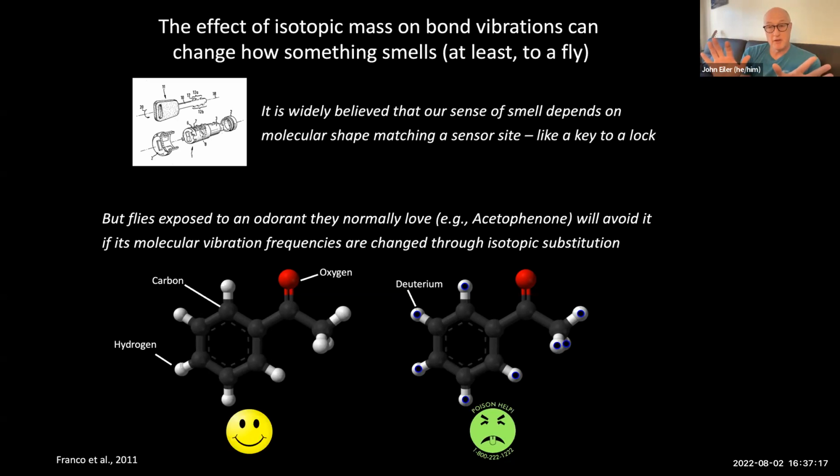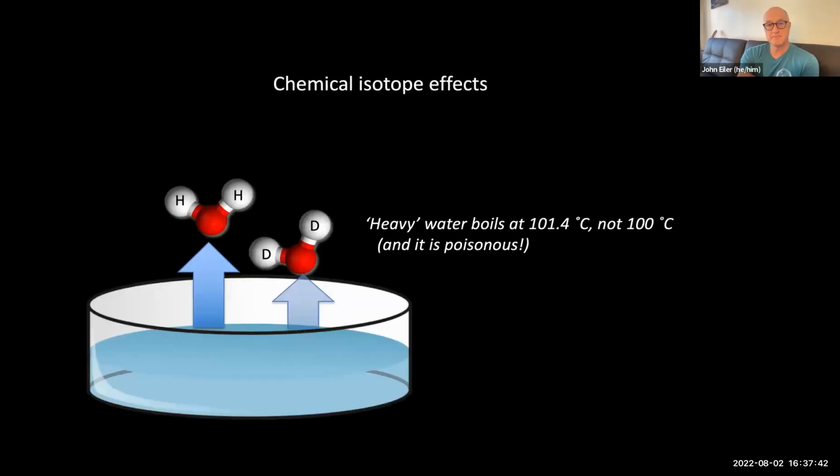The shape of the molecule is totally unchanged. That depends on electronic structure. But the motions of the molecule are slowed. And the slowing of those motions changed the way that the molecule smelled to the flies. Now they thought it smelled disgusting and they avoided it. So isotopes change chemical behavior in all sorts of ways, including ways that a relatively complicated animal can sense.